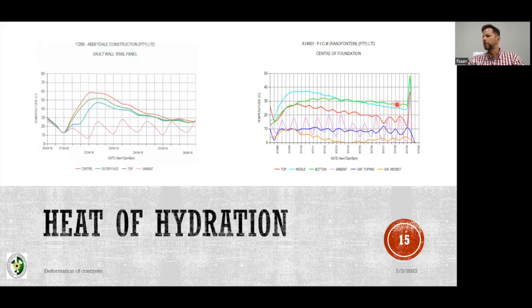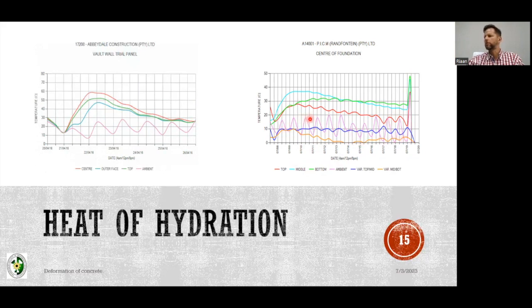So this then indicated to us, right, now we are able to strip the shutters. We can remove this insulation, and they applied that going forward to all the plinths and abutments that were supporting the mill foundation. They were able to say, okay, so we need to wait this amount of days before we start stripping that foundation.